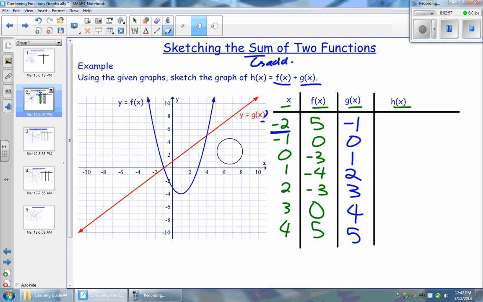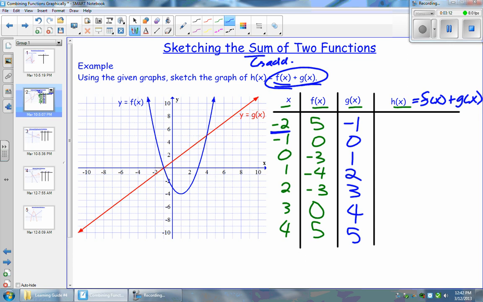Once you've filled in the table of values for each of your given functions, we're just going to calculate the sum. Remember, h of x is equal to f of x plus g of x, and that's given in your question. To find your points on h of x, all you have to do is add your corresponding y values for each of your functions.